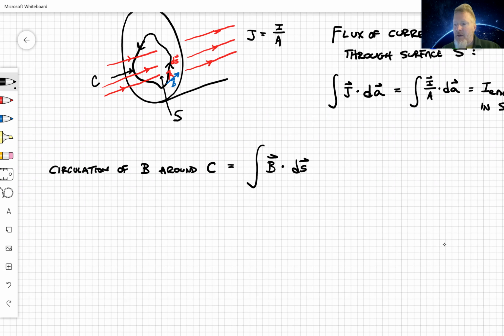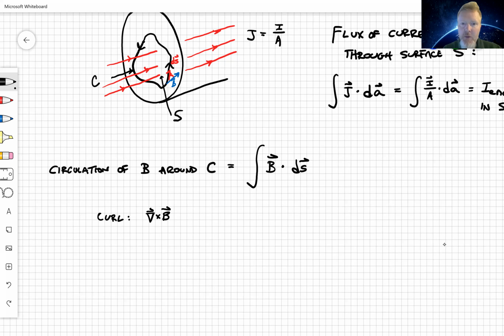And for those of you who like other expressions, this is akin to having the curl. You can't directly substitute because it changes things, since there's a theorem about how you do this, but this is related to the curl of B.